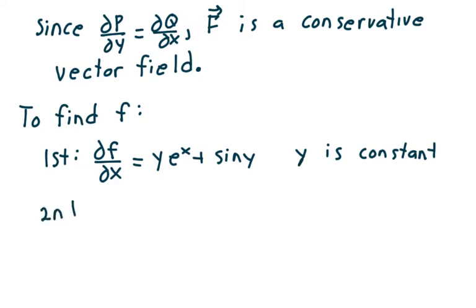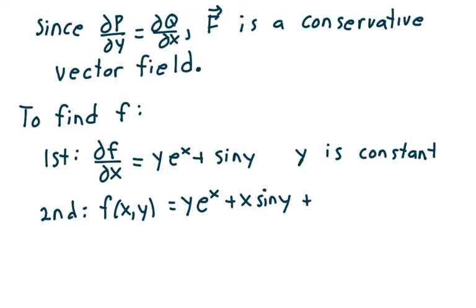Now, second, f of xy is y e to the x plus x sine of y. But remember, y is constant, so we have to add that function of y.